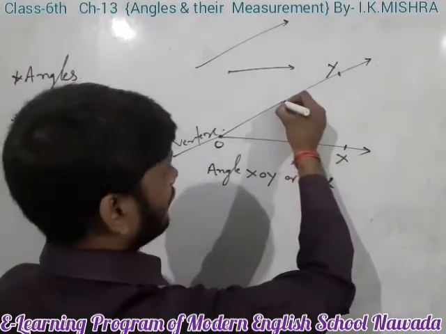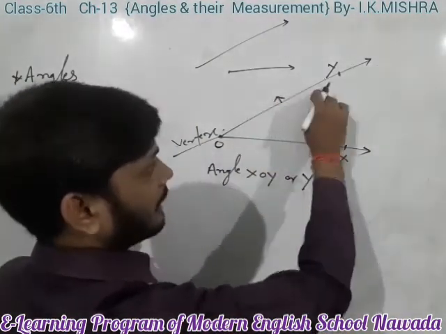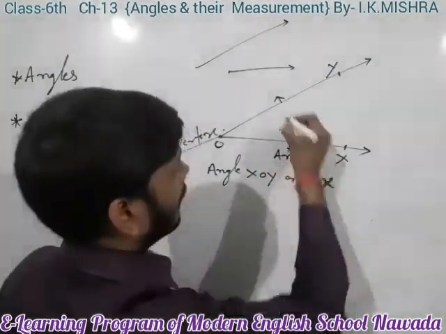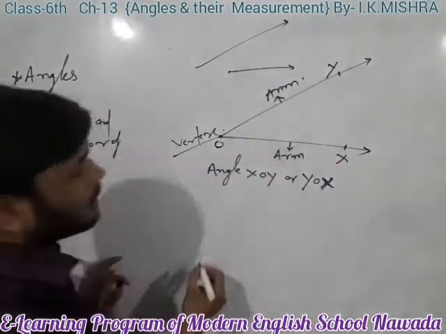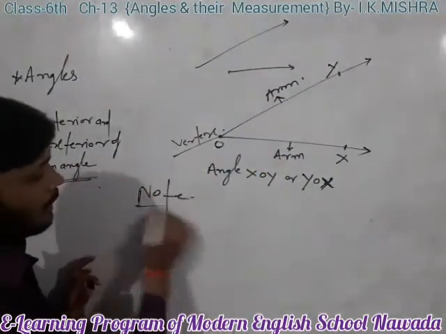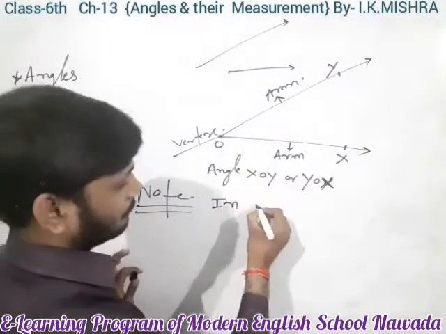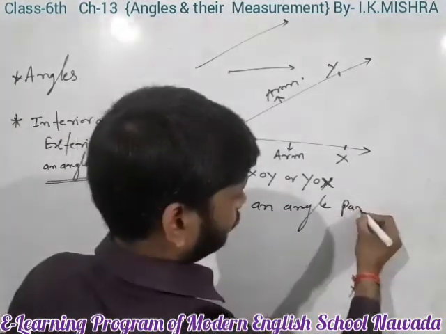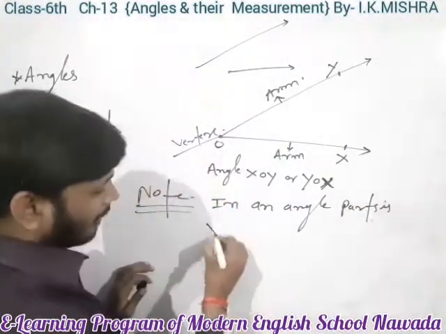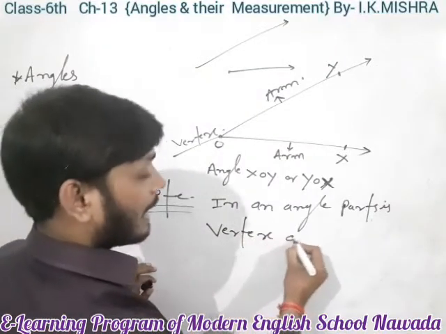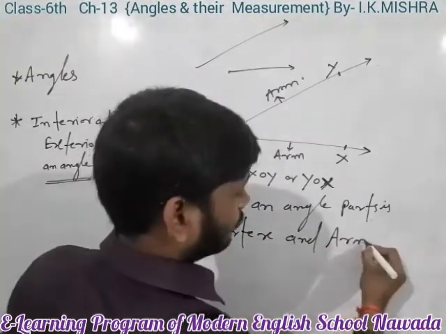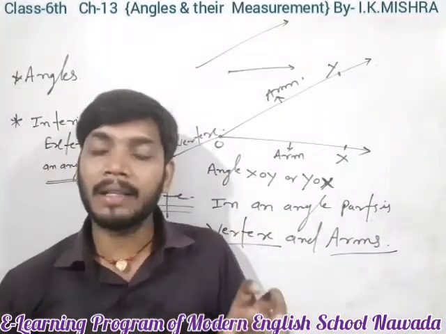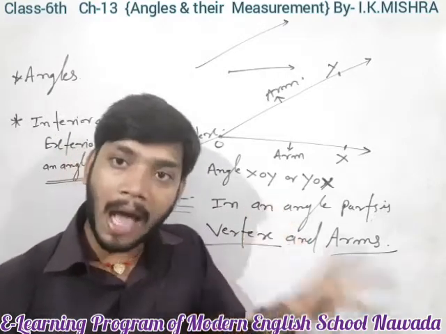And this ray and this ray are known as arms. So note that the parts of an angle are the vertex and arms. How many vertices and how many arms are in an angle?